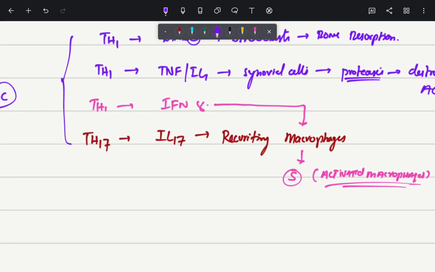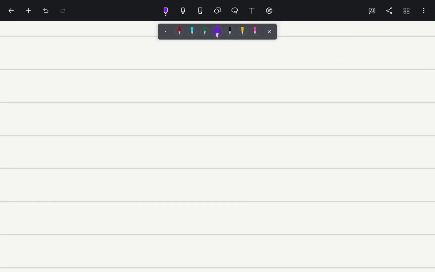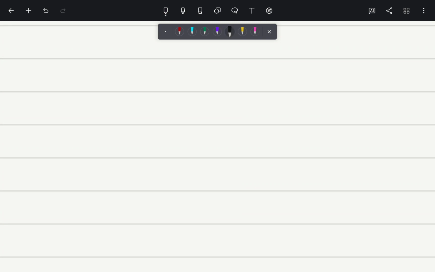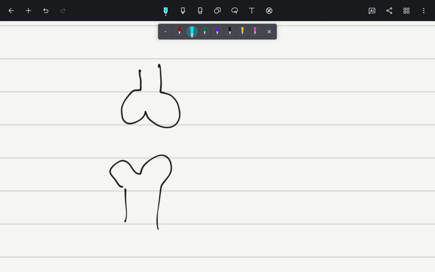Okay, now we have to understand that, suppose this is the joint space and this is the synovial membrane, and here was the articular cartilage which was getting destroyed.